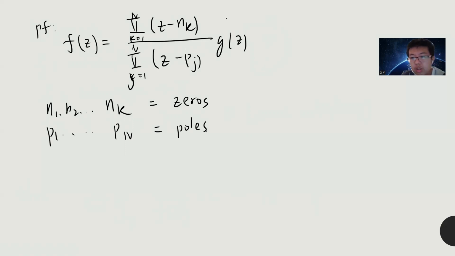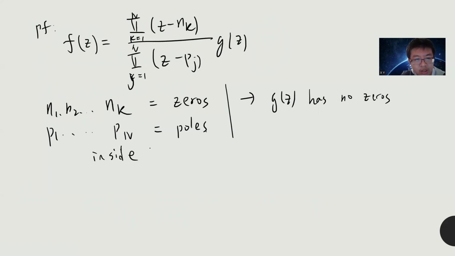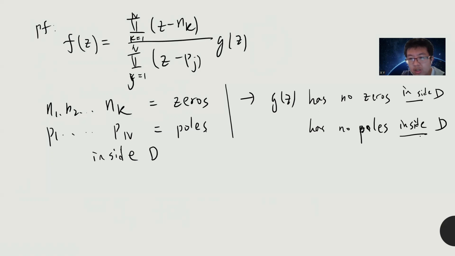This tells you that g of z has no zeros inside D, and has no poles inside D. So now we just brute force compute the derivative.